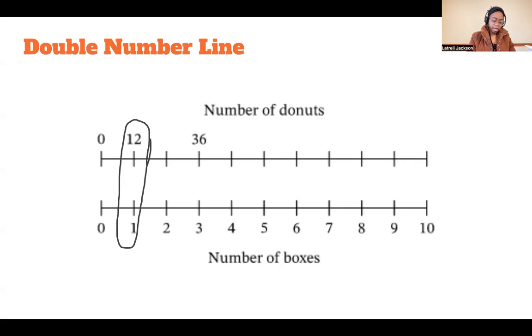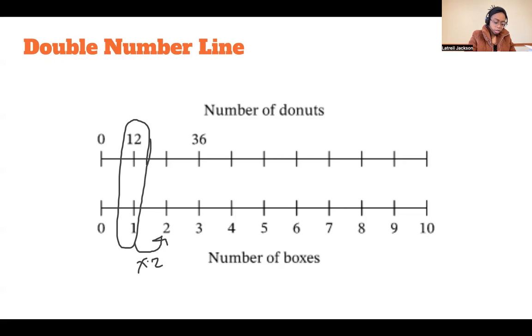So let's look at the bottom number line because all of those numbers are filled in. Looking at the bottom number line, we see that we are increasing by 1, and we can multiply the first ratio by whatever number we're trying to get to. So if we want to go from 1 to 2, we just multiply by 2. If we want to go 1 to 3, we just multiply by 3. So that's what we're going to do with the number of donuts number line that increases by 12s.